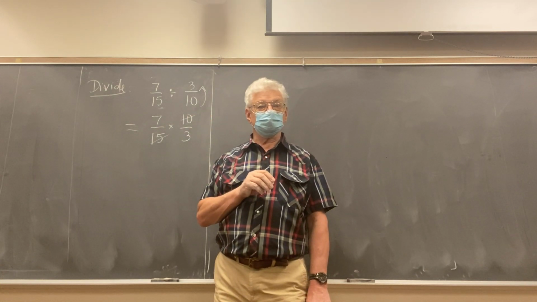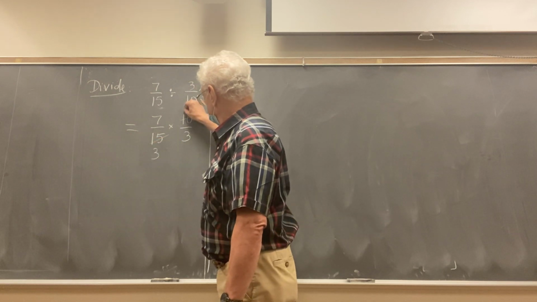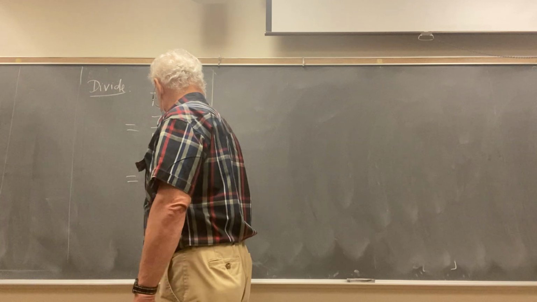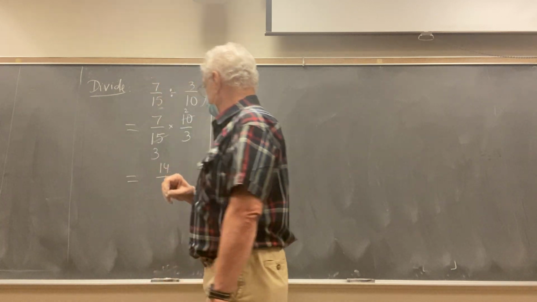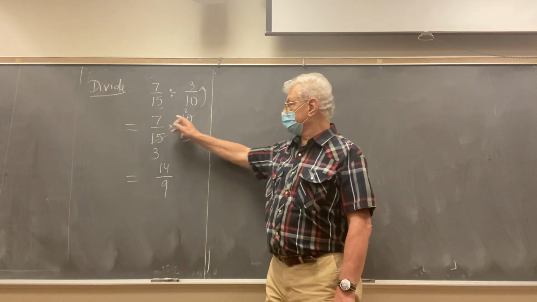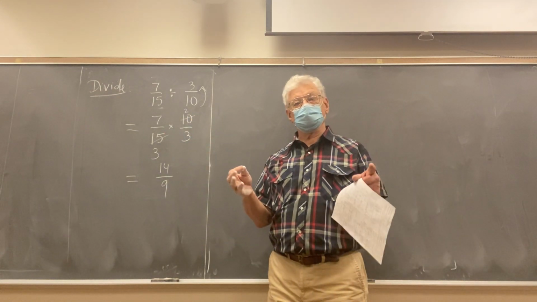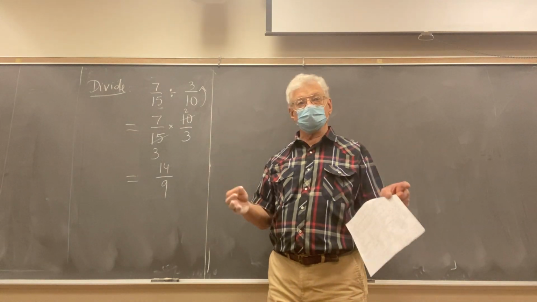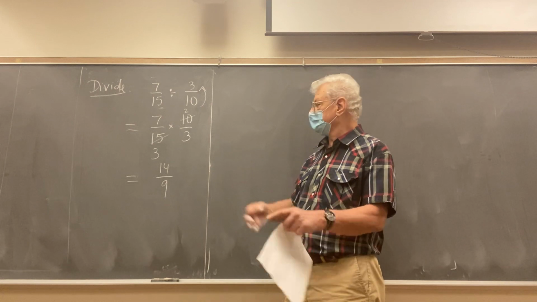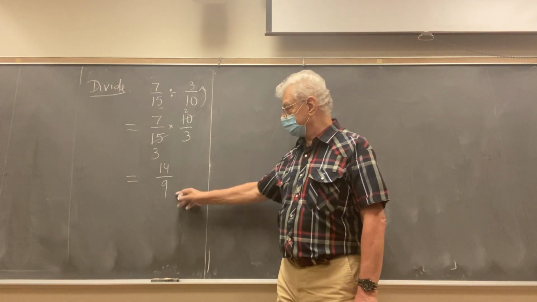By which number? 5. 15 divided by 5 is 3, and this will be 2. So if you multiply 7 times 2 is 14, divide by 9. Okay? Instead of writing 70, divide by 45. 70 divided by 45, then you have to figure out, so you have to cancel, divide 70 by 5. It's a long division, maybe 14 and then 9.